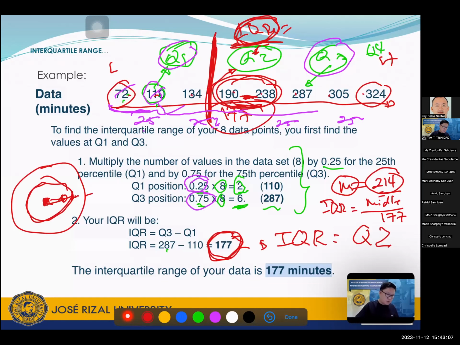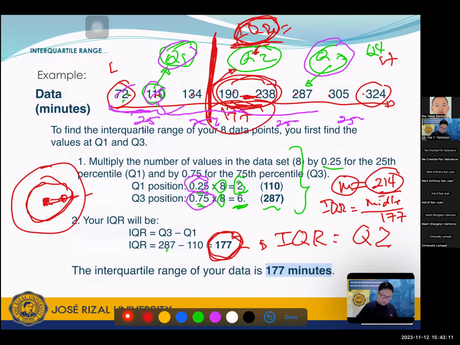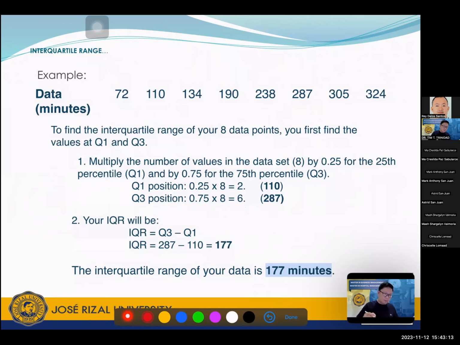So, it goes like this. Isn't this the spread? When we talk about range, it is the spread, how wide. So we're looking at a picture of this dimension.